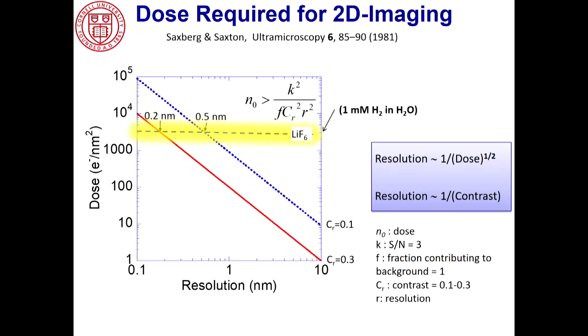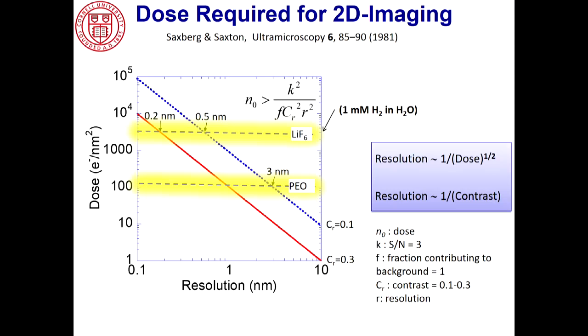Now, you might look at this here, and it turns out that things like water and lithium fluoride are actually fairly dose robust. You might hope that I can image things at under a nanometer if I have poor contrast and at about 2 angstrom, which is atomic resolution, if I have good contrast. A lot of organic materials damage much faster than that.